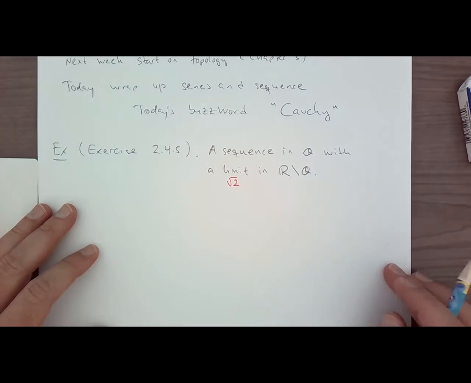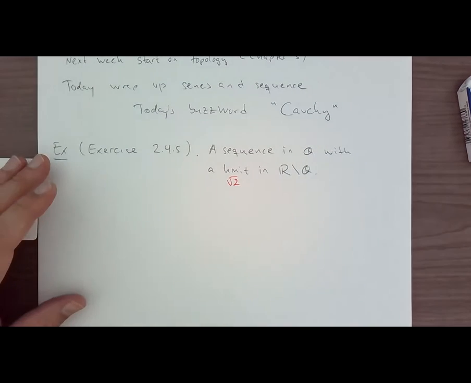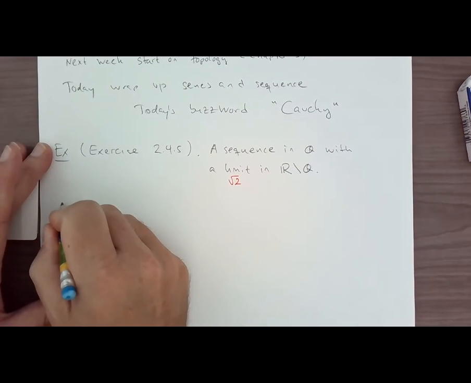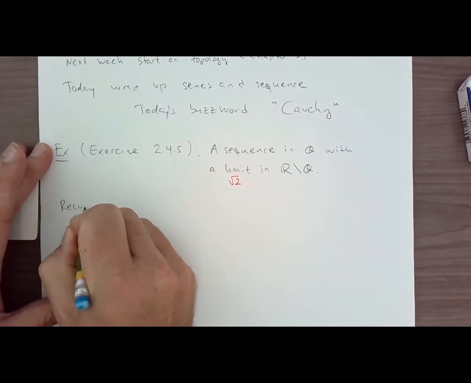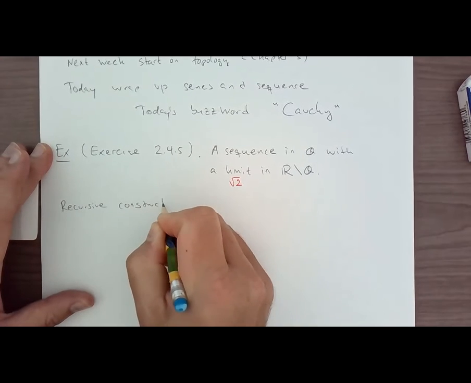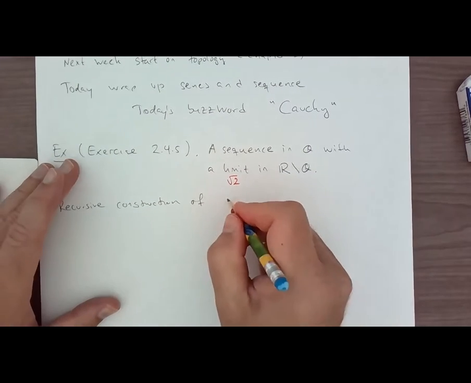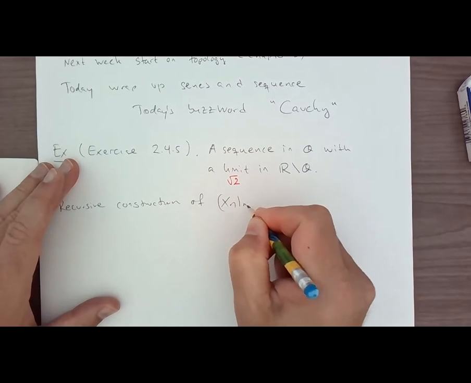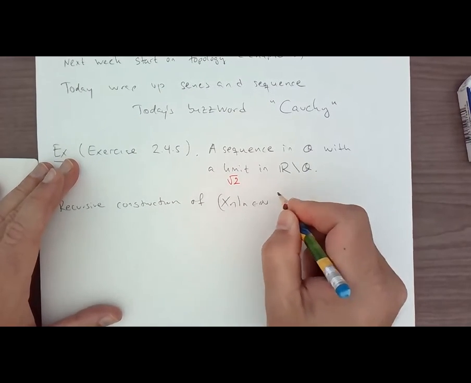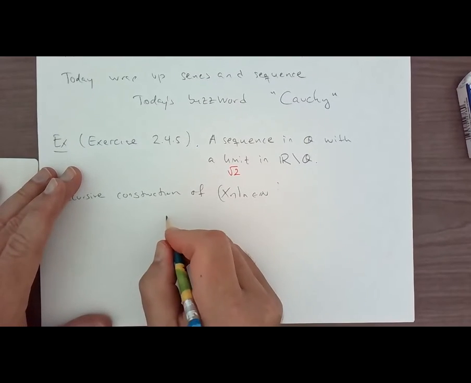And so in this exercise, he constructs a recursive construction of this sequence, this xn. So you want to create something recursively, you start out with the first point.